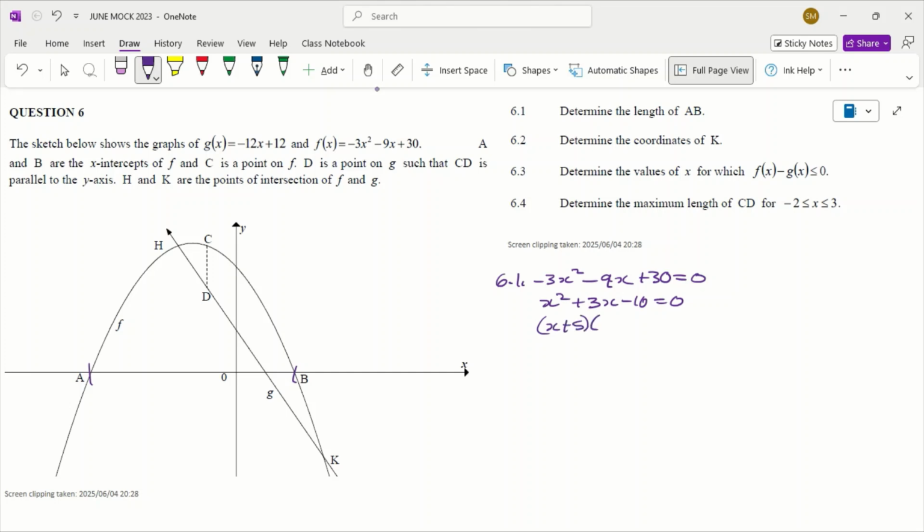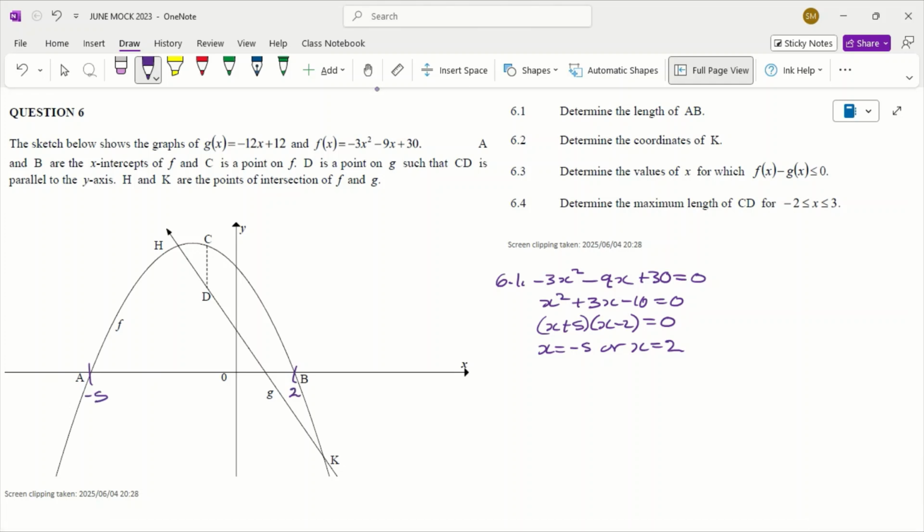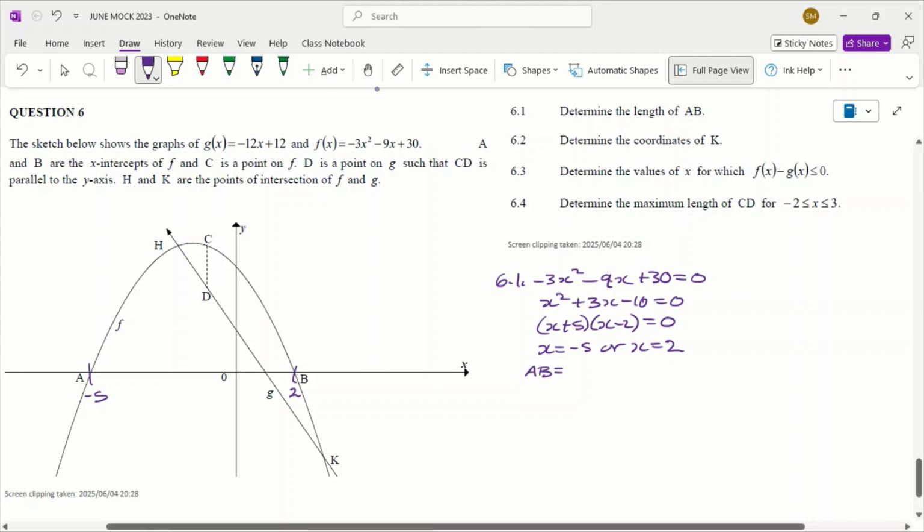6.2, we want the coordinates of K, but if you can see, at K this is where the functions intersect. This is the point of intersection, and we know that at the point of intersection the two functions should be equal, meaning that f of x must be equal to g of x.